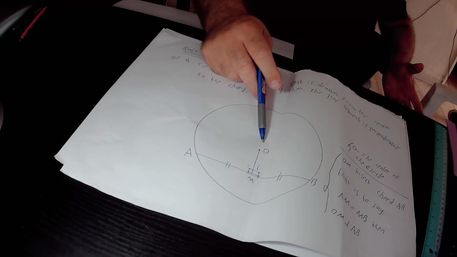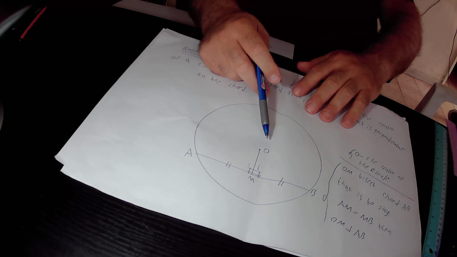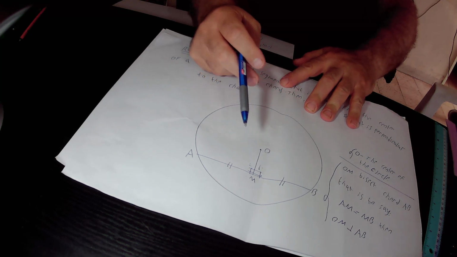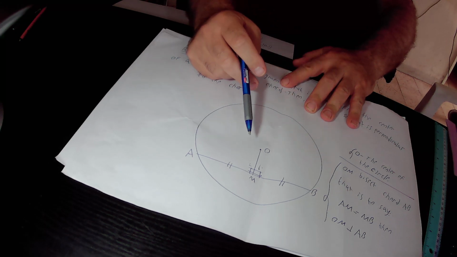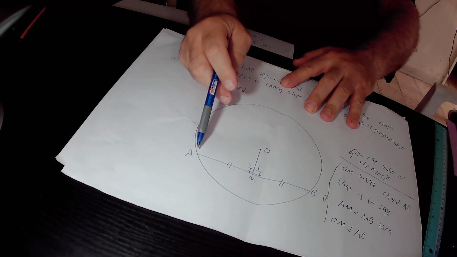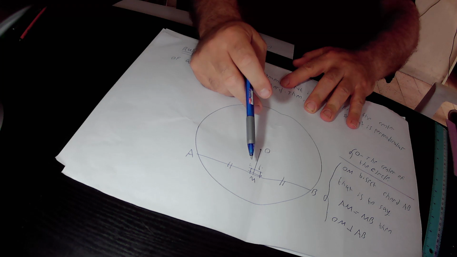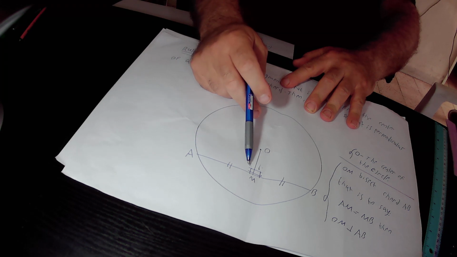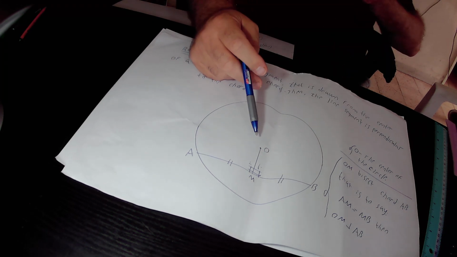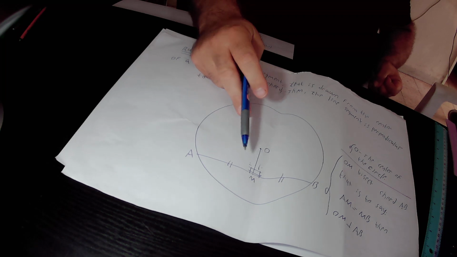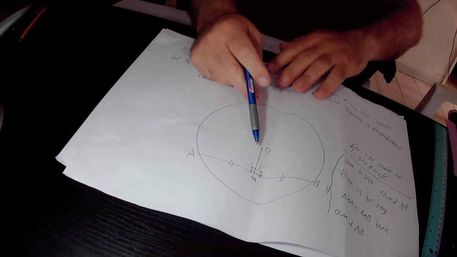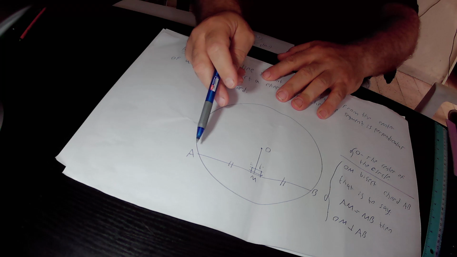From the center of the circle, that is to say from this point O, we have line segment OM that bisects chord AB. Line segment OM bisects chord AB because MA equals MB. And because line segment OM bisects chord AB, line segment OM will also be perpendicular to AB.